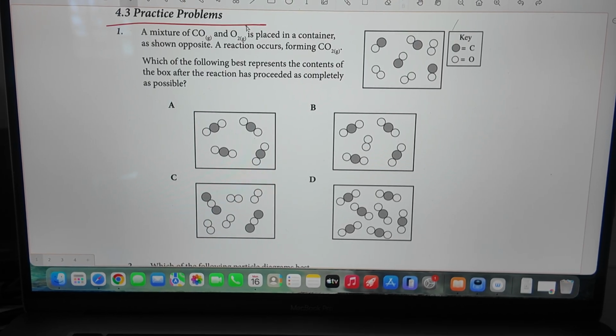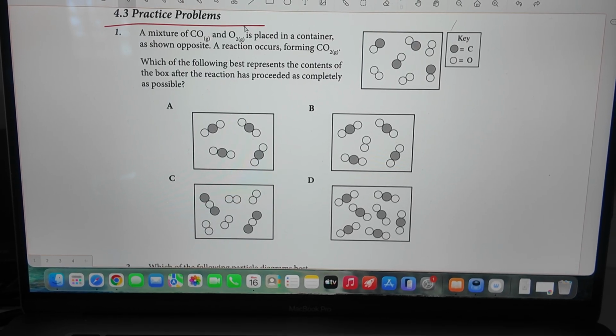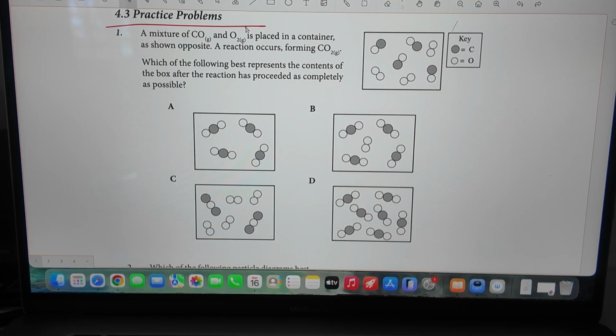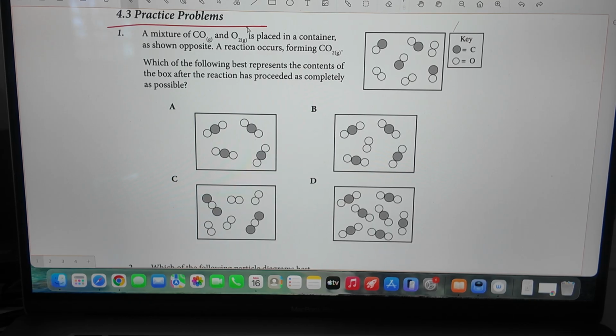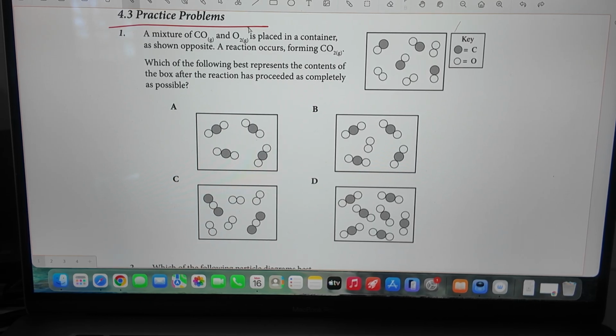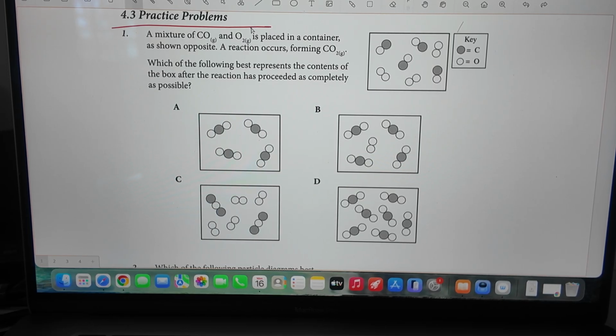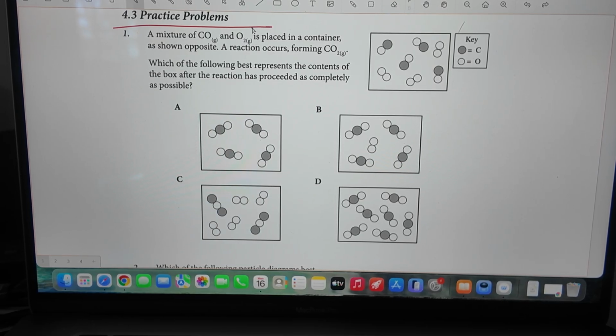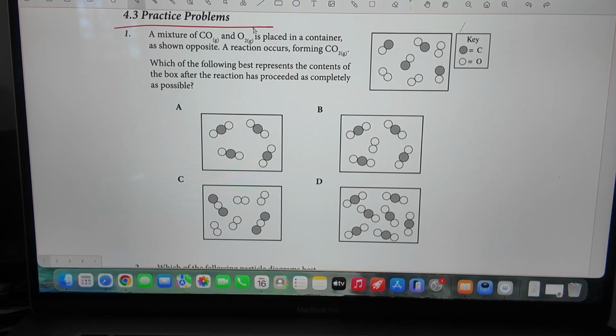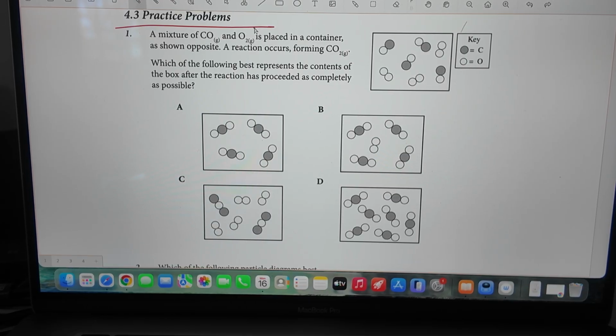There we go, camera. Okay, it says a mixture of carbon monoxide and oxygen are placed in a container as shown opposite. A reaction occurs forming carbon dioxide. Which of the following best represents the contents of the box after the reaction has proceeded as completely as possible?